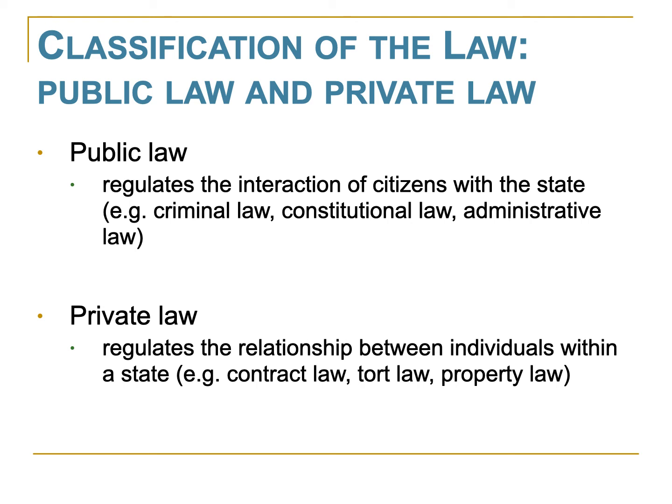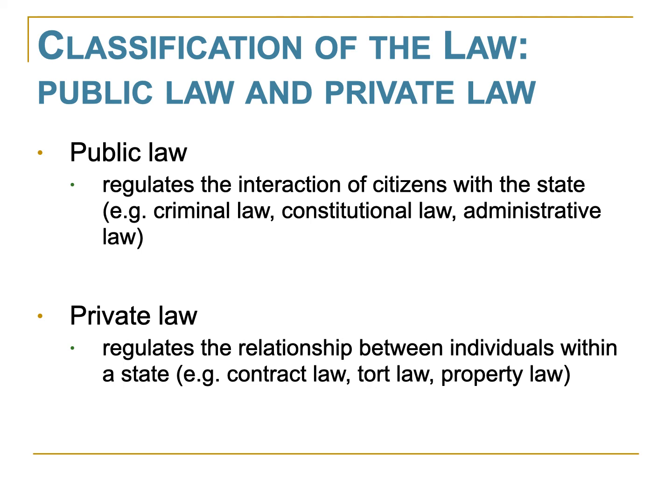But public law deals with interests of the public, and private law deals with relationships of individuals within their own state or province, city, etc., whether it's contract, torts, or property law. Private law deals with individual rights and relationships between private citizens.